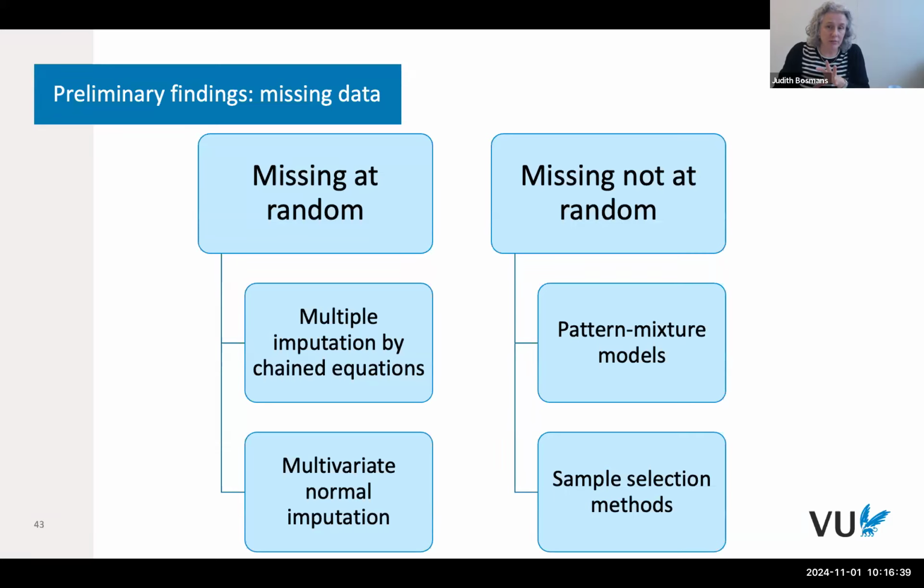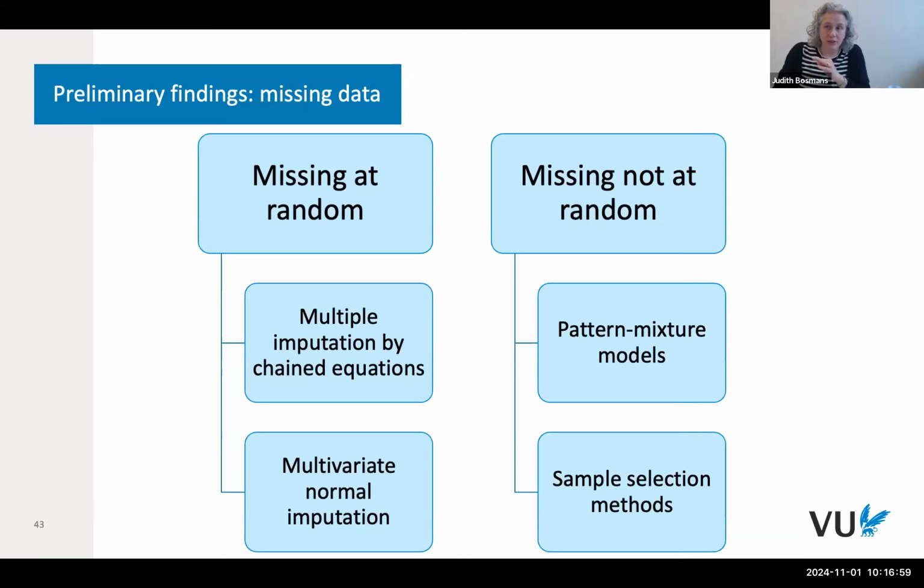So for the missing at random, generally the multiple imputation methods perform best. And both multiple imputation by chained equations and multivariate normal imputation came up as promising methods to impute missing data according to a MAR mechanism in real-world data.